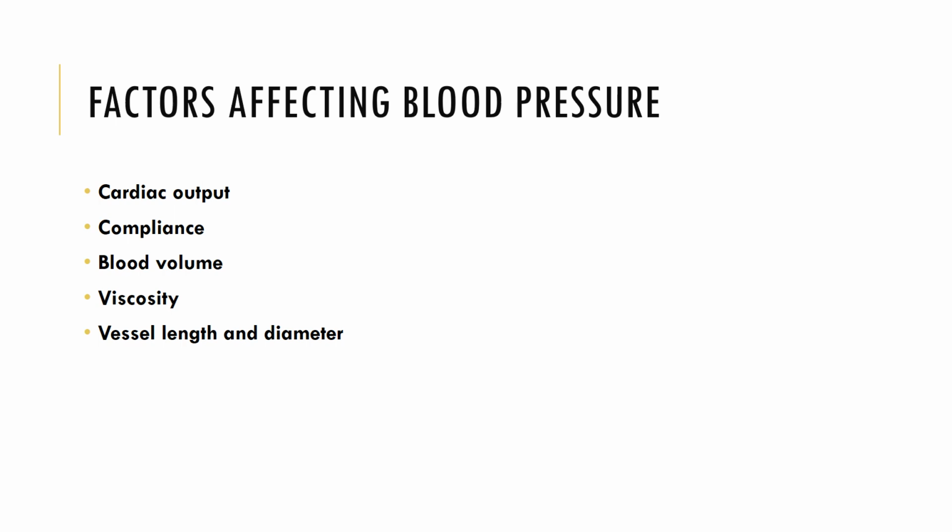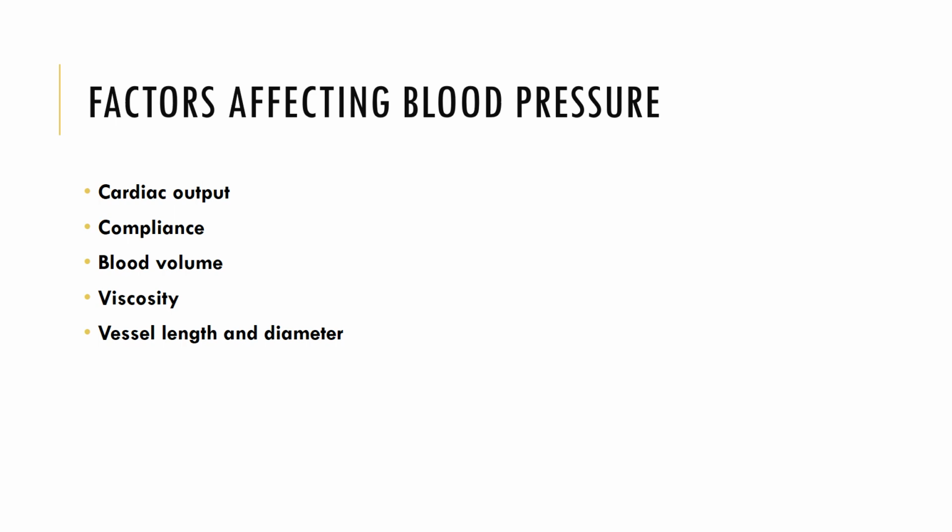Whole blood has a viscosity 4 to 5 times that of water due to the presence of plasma proteins and the formed elements found within blood. Increases in viscosity, as when you are dehydrated, will cause an increase in blood pressure. A decrease in viscosity will decrease blood pressure.